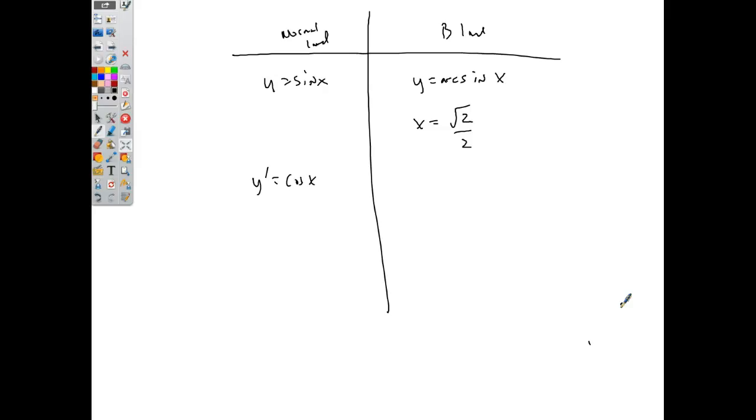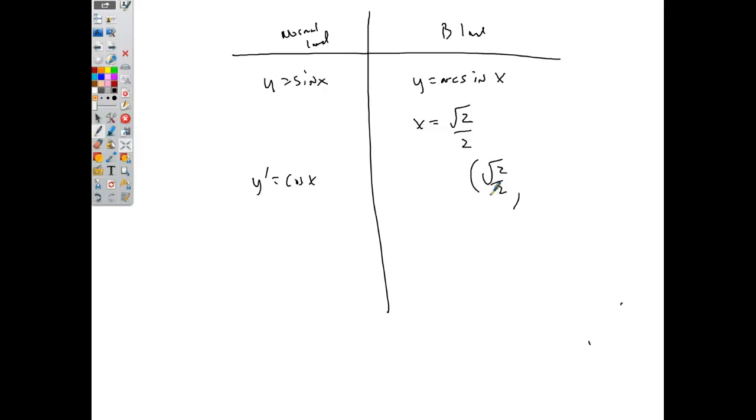Okay? I need to know where I'm going to take it, right? What value of x do I put in here? Do I put this in? No, I have to switch this first, right? So I'm going to go over here. I put root 2 over 2 into this function. What do I get for y? 0.7854. We should get 45 degrees. Oh, no, not in this class. We should get pi over 4 in this class.